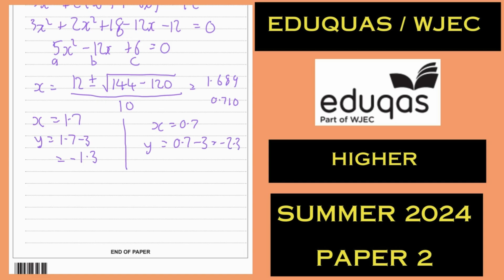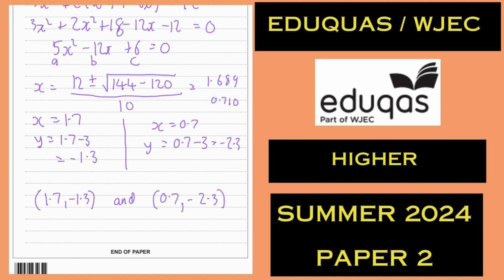And because the question was set up as coordinates, give your answer as coordinates. The first pairing, 1.7 and minus 1.3. The second pairing, 0.7 and minus 2.3.